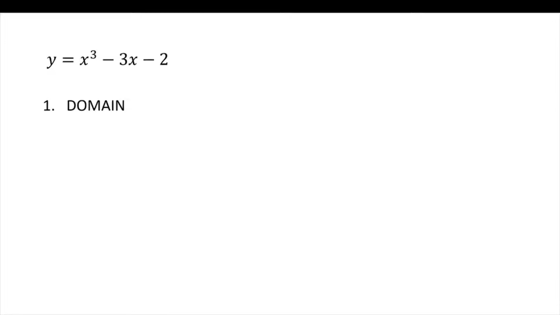So we have to avoid undefined and imaginary function values. In this case, it will not result in division by 0 or an even root of a negative number. Therefore, we can say that the domain is the set of all real numbers.